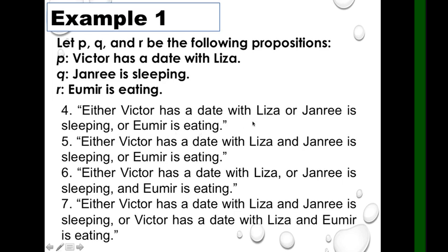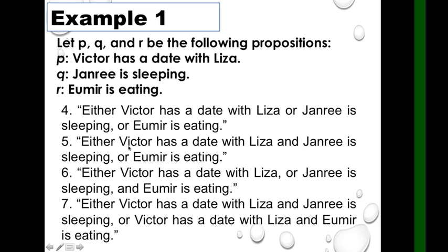So, this one tells about this all. So, pwede siyang P ∨ Q ∨ R, or P disjuncts Q disjuncts R. Kasi lahat sila may or. Either Victor has a date with Lisa and January is sleeping. Okay, there's an and here. Or Yumir is eating.